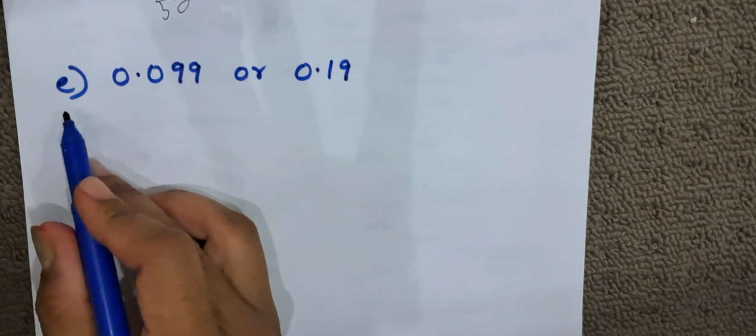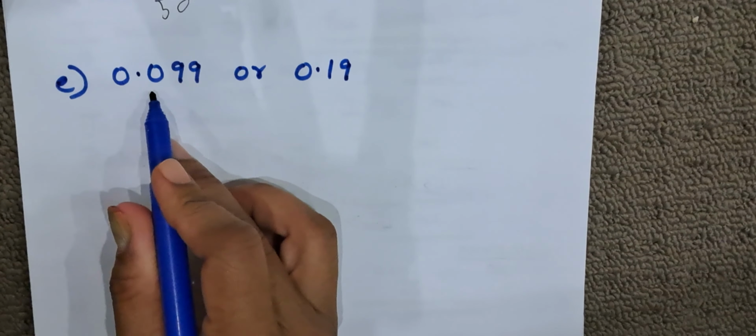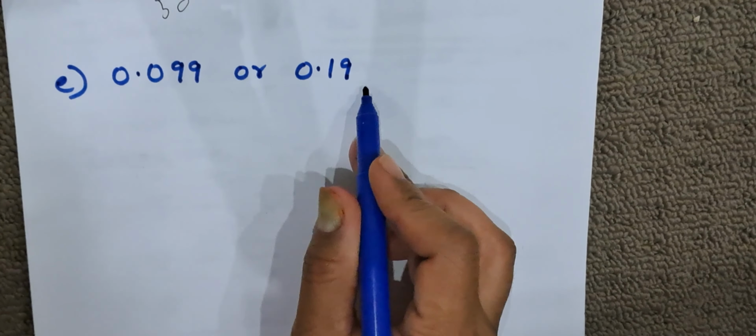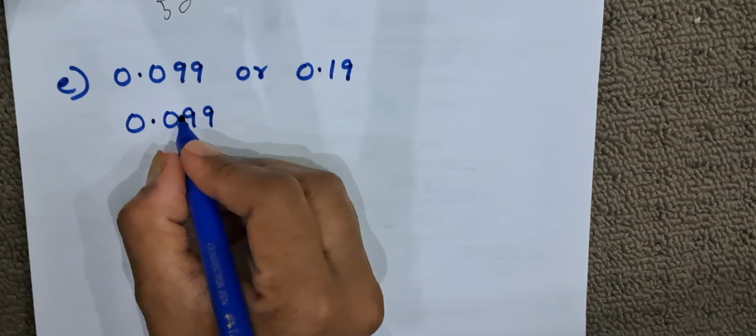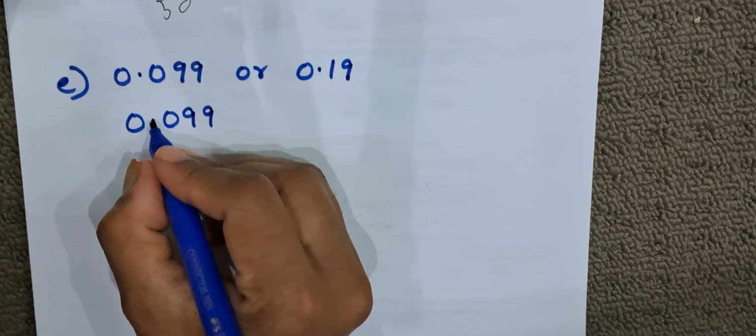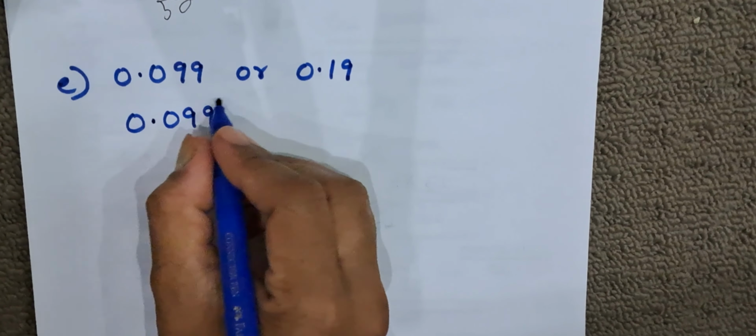Now let us see the next one, that is E. 0.099 or 0.19. Now let us convert them into fractions. 0.099. So we have to shift the decimal point 3 places to the right. 1, 2, 3.